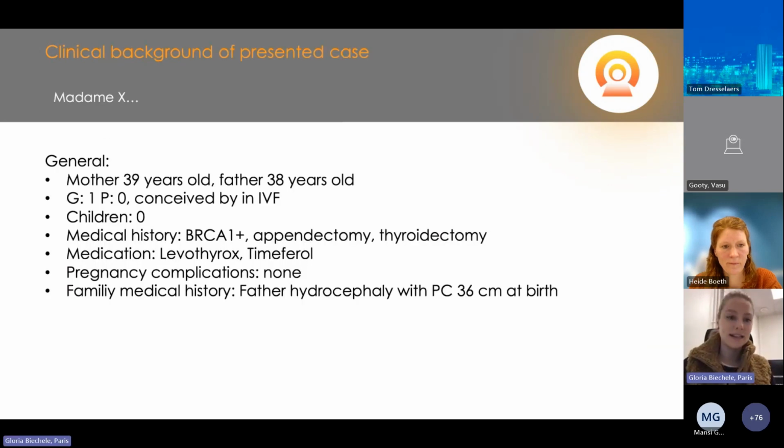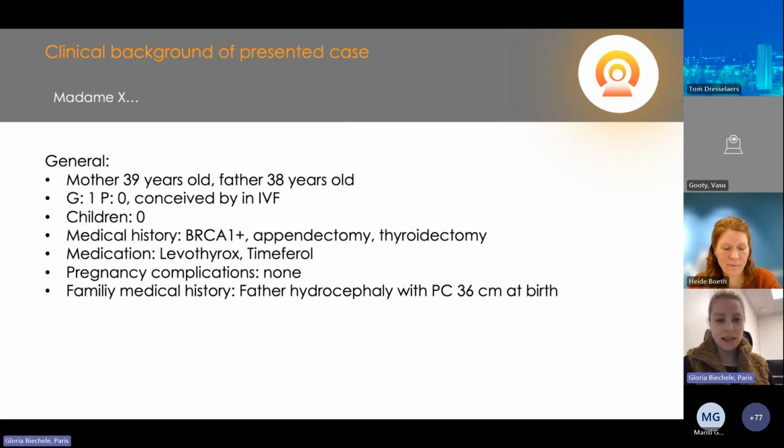Our case is a 30-year-old mother and a 38-year-old father having their first pregnancy, which was conceived by in vitro fertilization. The mother has a BRCA1 mutation and has undergone appendectomy and thyroidectomy. Medication consists of levothyroxine and Timeferol.